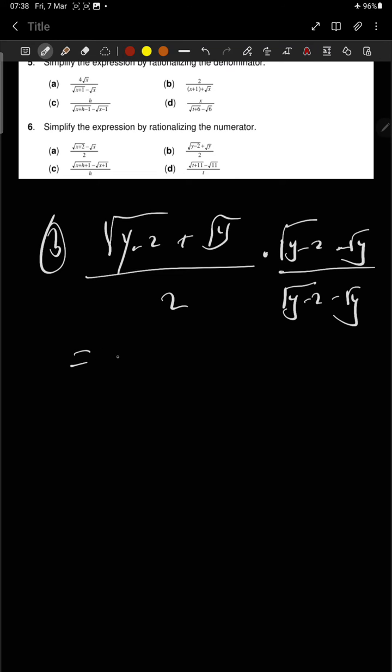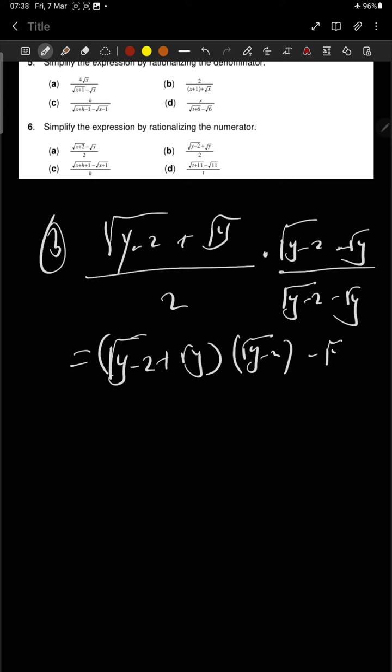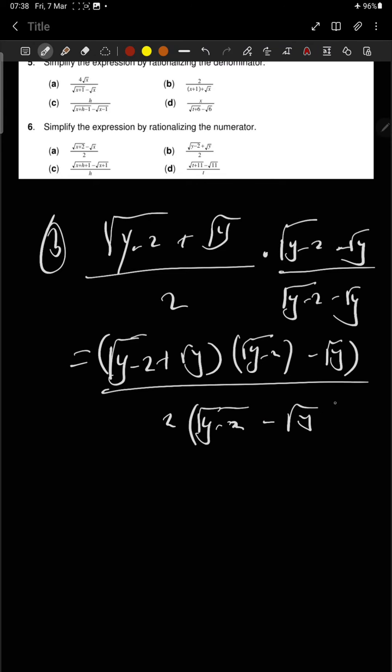Similar stuff, isn't it? So here we're going to have square root of y minus 2 plus the square root of y, multiplied with the square root of y minus 2 minus the square root of y. Same stuff, 2 square root of y minus 2, minus the square root of y.